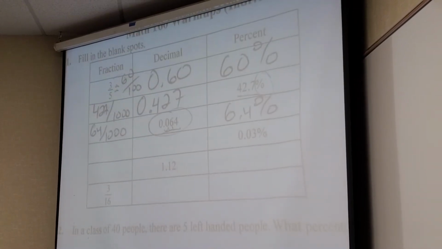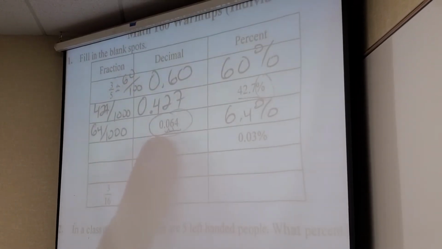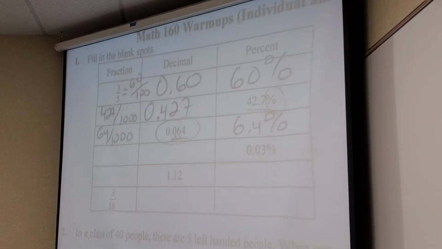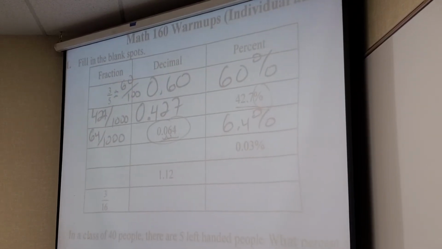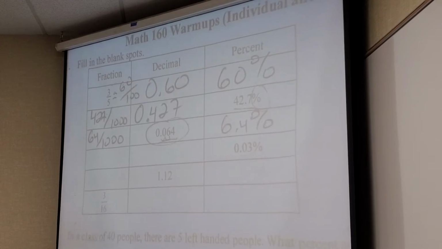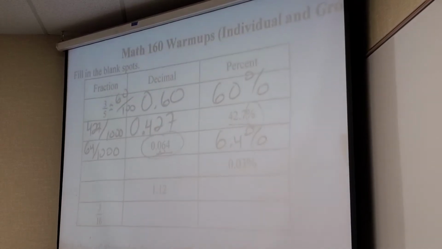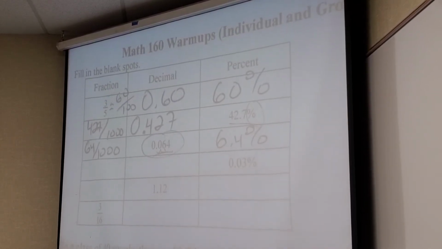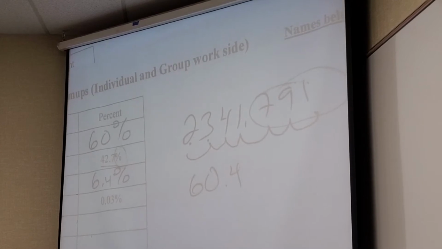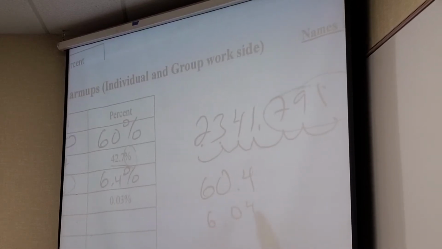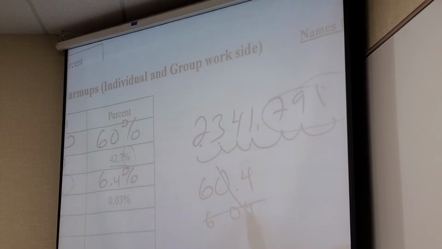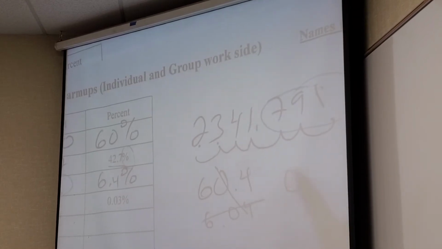For the 6%, does it matter if you put like a 0 behind the 6? Because I did that. Behind the 6 would change the meaning, right? Like 0.6.4? Oh, 6.4?